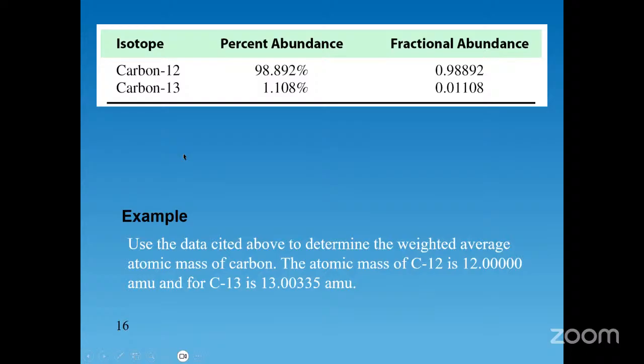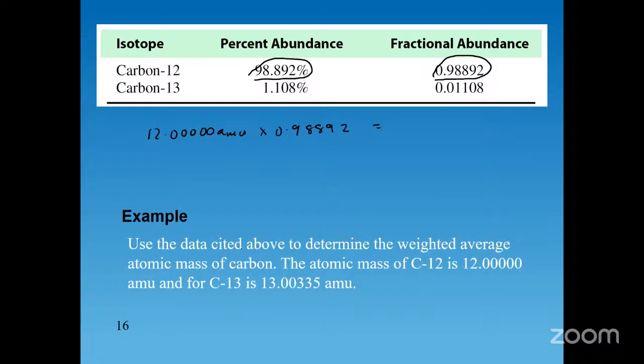So, the way we'll set this up is, I'd start off with the mass of carbon-12, which is 12.00000 AMU, and I'll multiply by the percentage. Now, what I would do actually is multiply by the fractional abundance, which is the same thing, but expressed as a decimal number. So I'll multiply that by 0.98892, and I'll work that out.